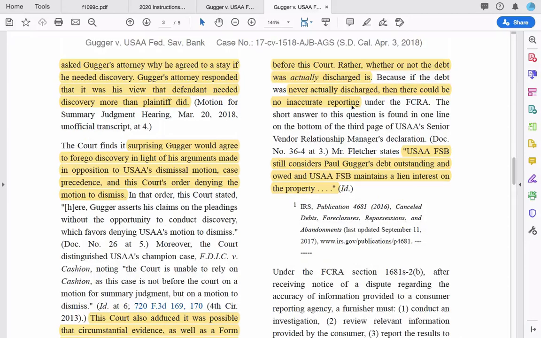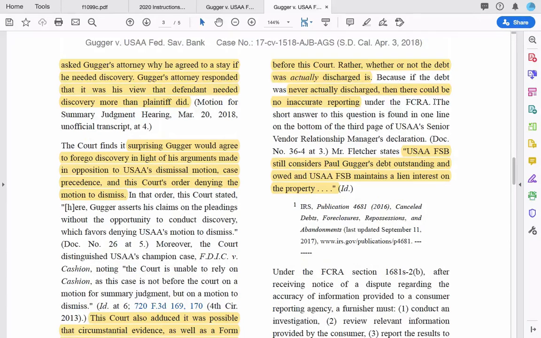And we've looked at other case law that says that you have to have an inaccuracy to be able to sue under the FCRA, at least for this type of case. Okay, you could have different types of cases under the FCRA, like an illegal pulling of my credit report. But in terms of I'm suing for a lousy investigation, then basically I have to show that there was some inaccuracy.